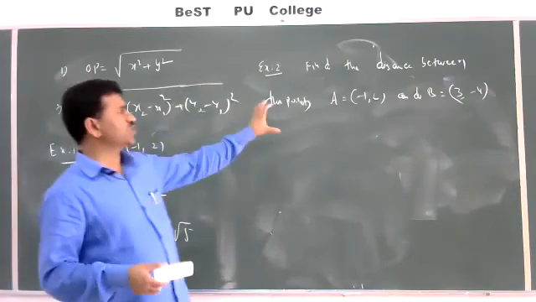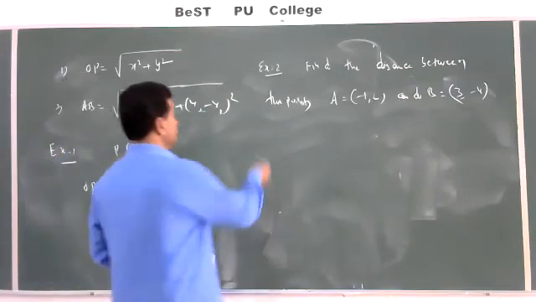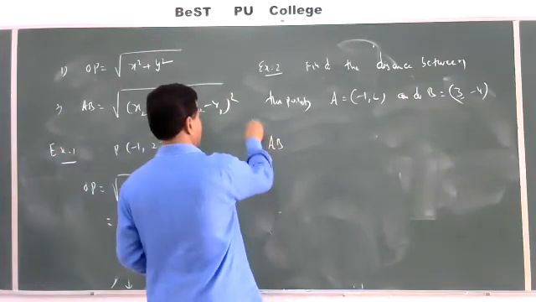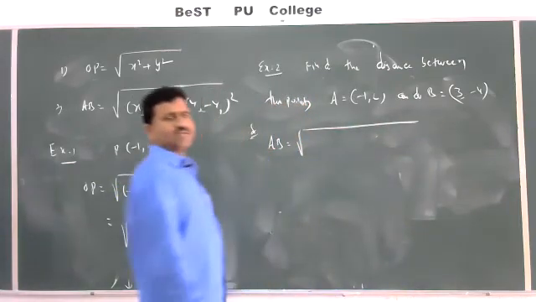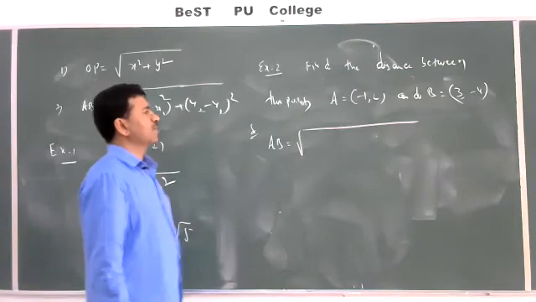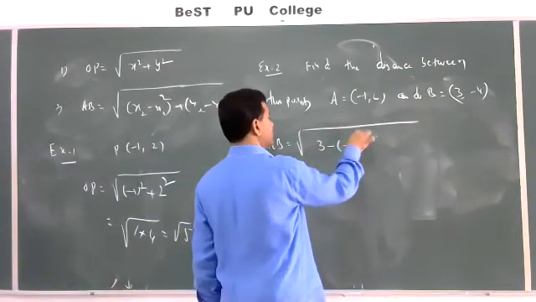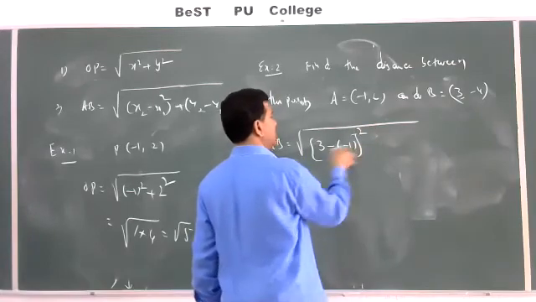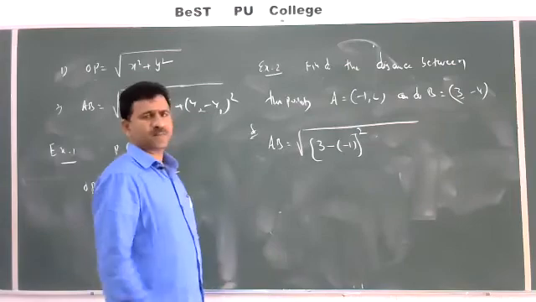Immediately after reading the question, you have to get the idea. We have one formula, we can apply it. So AB is equal to the formula, distance between 2 points, square root of x2 minus x1 whole square, 3 minus of minus 1 whole square. Write this one clearly. Here only you will make the mistake. That's why I gave the different symbols.